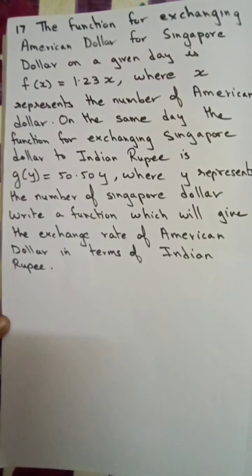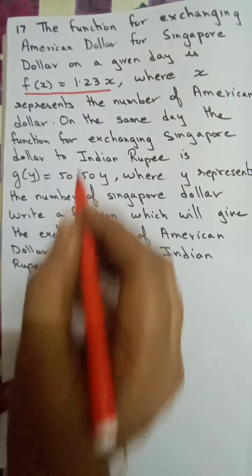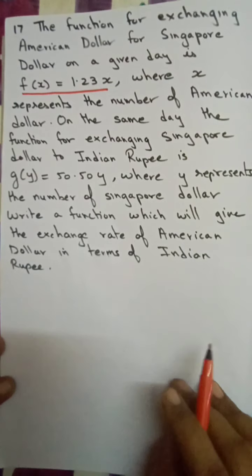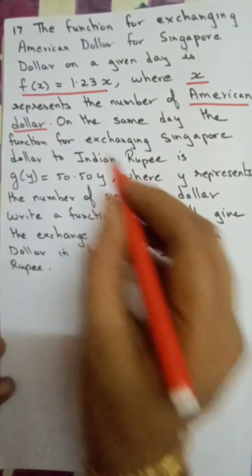Exercise 1.3, 17th question. A function for exchanging American dollar for Singapore dollar on a given day is f of x is equal to 1.23x, where x is the number of American dollars.